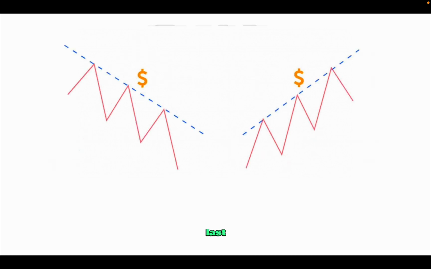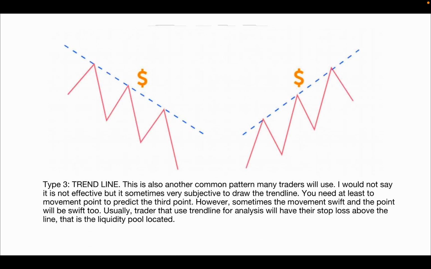And the last but not least is the trend line. The trend line liquidity is also one of the common patterns that many traders will use. But how do we know if there is a valid trend line or not? Usually a valid trend line must have a minimum of 3 touch points, right?